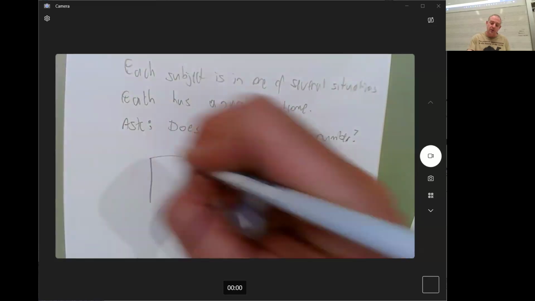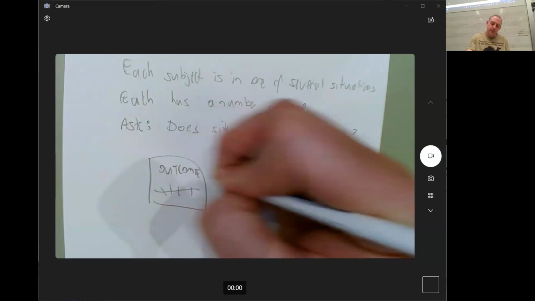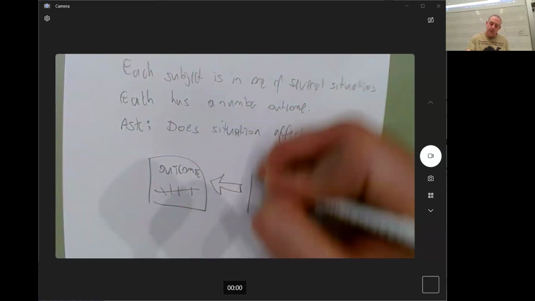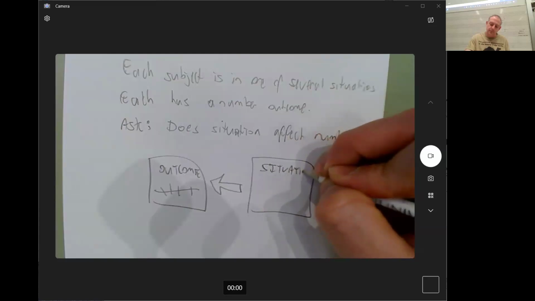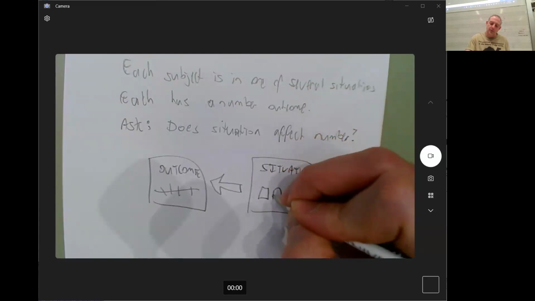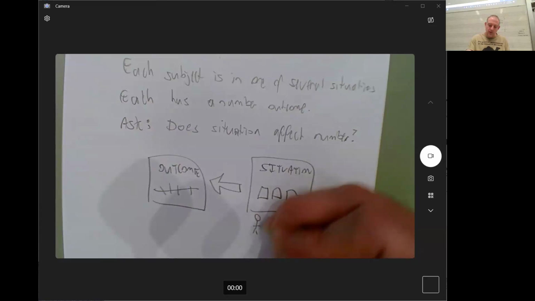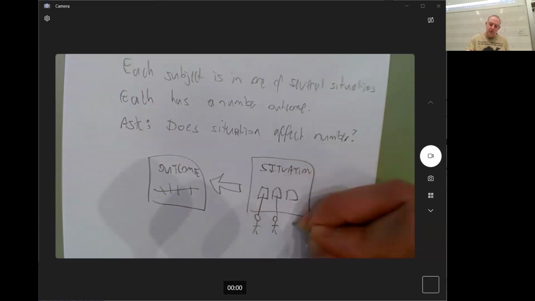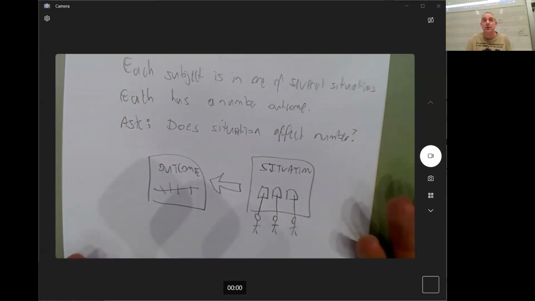And so the story is you have this numerical outcome and your situation has more than two options. And each individual is in their own situation. That's what ANOVA is for, to answer that question.